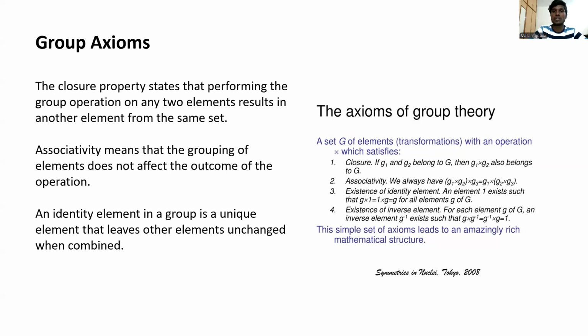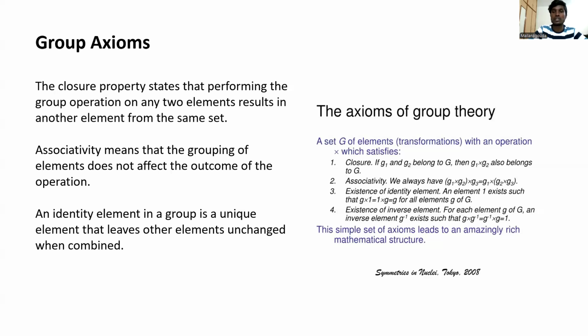So the axioms of group theory say that a set G of elements with an operation satisfies the following. Closure: if G1 and G2 belong to capital G, then G1 into G2 also belongs to capital G. Associativity: we always have (G1 into G2) into G3 equal to G1 into (G2 into G3).